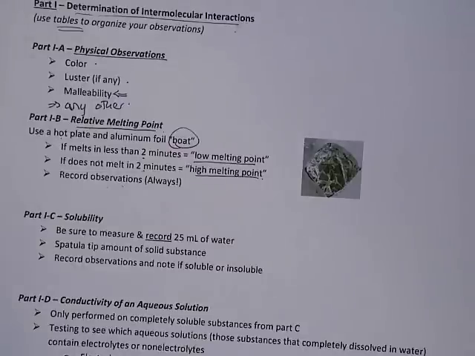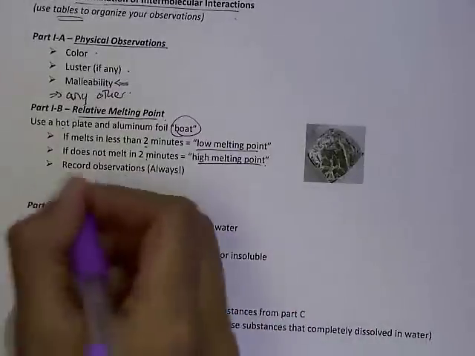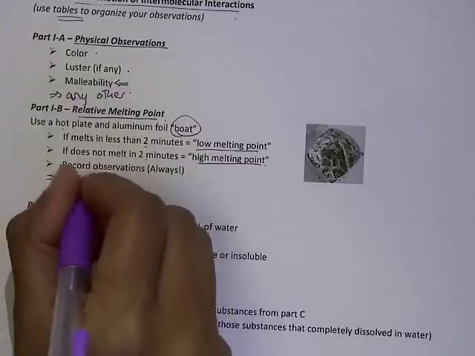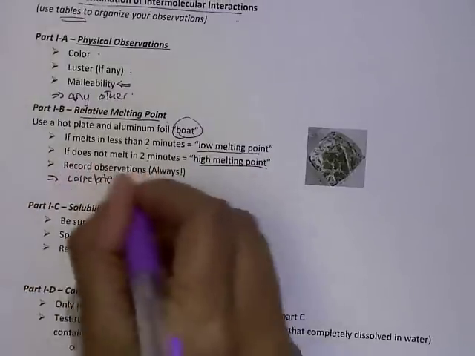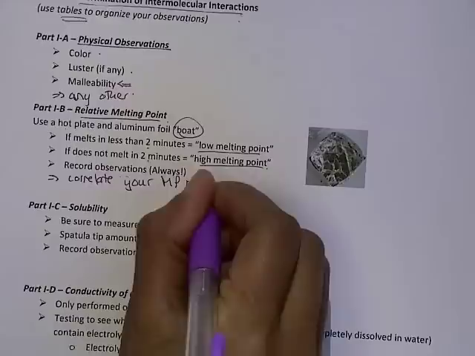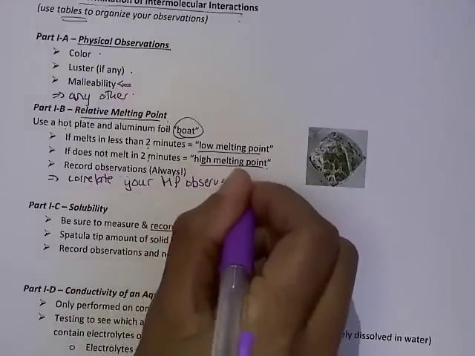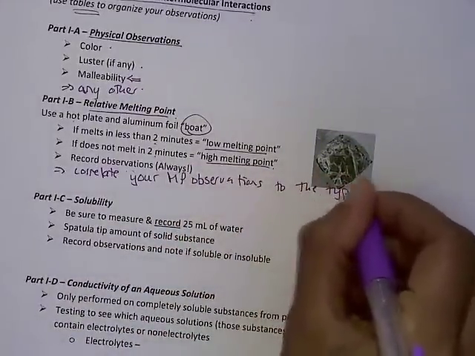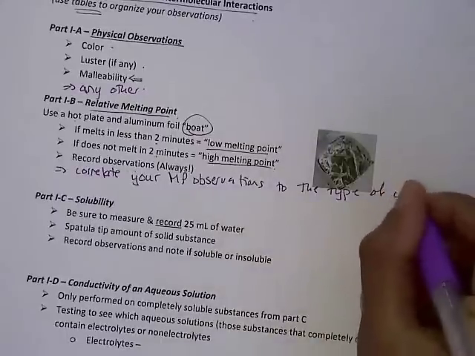So your initial observations, what it looks like before heating and what it looks like after heating. And I also want you from part B to correlate your melting point observations to the type of compound that you have.